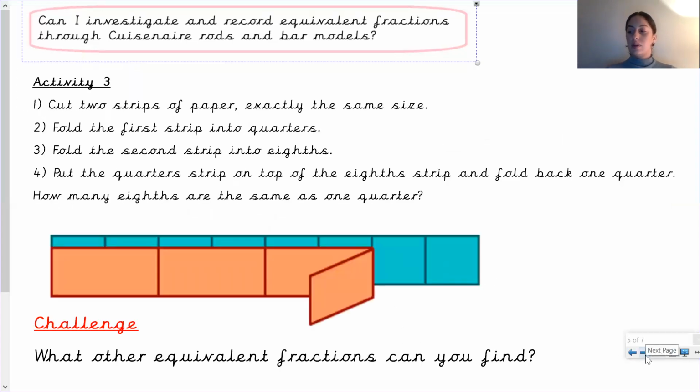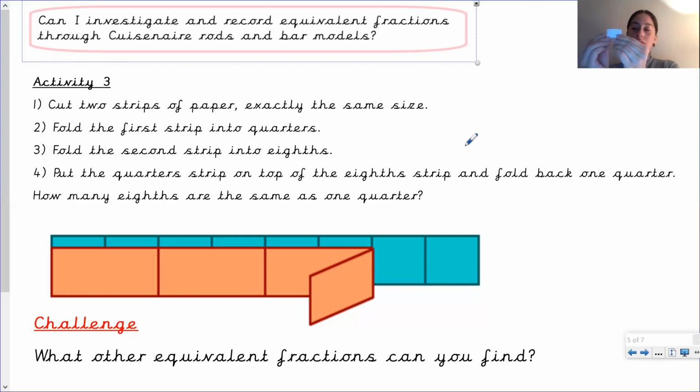Here you will need 2 more strips of paper that are the same size. You will fold the first strip into quarters, just like we did in the previous slide. Fold the second strip into 8ths, and this is how you can fold into 8ths. So to fold into quarters, you halve it, and then you halve it again.